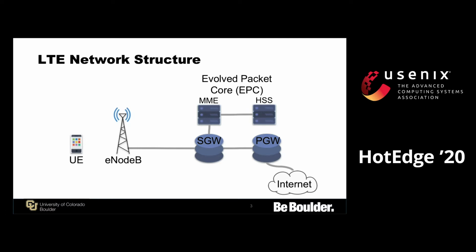The EPC serves a variety of functions, including subscriber authorization, managing UE movement, and provides a packet gateway, or PGW, to the internet. A large mobile network operator, such as AT&T, typically uses one EPC to serve a very large physical region, sometimes many states. All cellular traffic in that region passes through the PGW on its way to the internet.